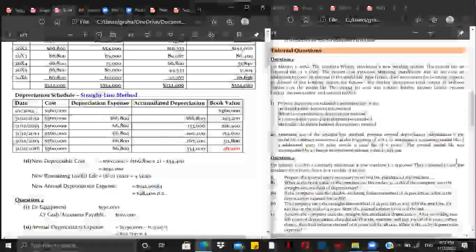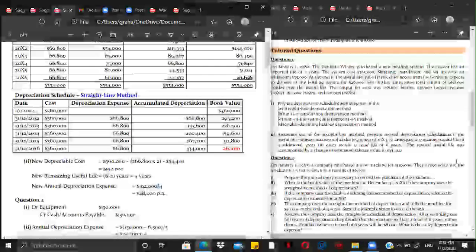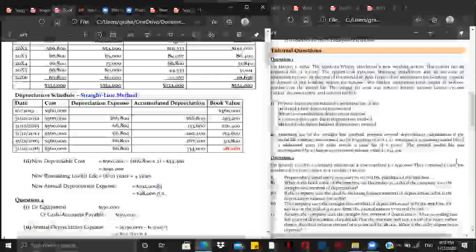Then we move right into the formula after calculating that. So remaining useful life at the end of the year over sum of digits multiplied by the capitalized cost less the residual value, which we had calculated before, and it's $334,000. So for year 1, you would say, okay, we still have a full 5 years remaining out of this asset.